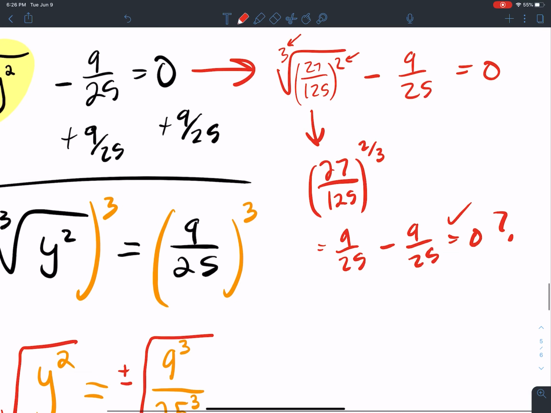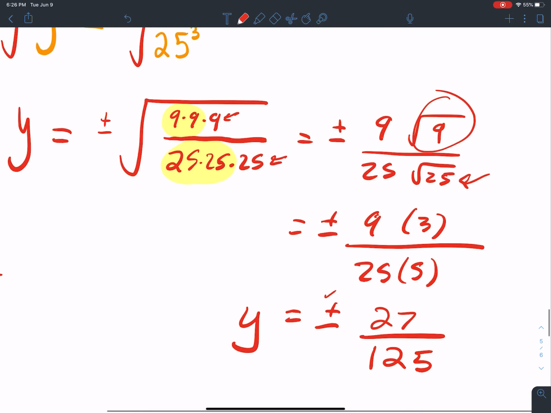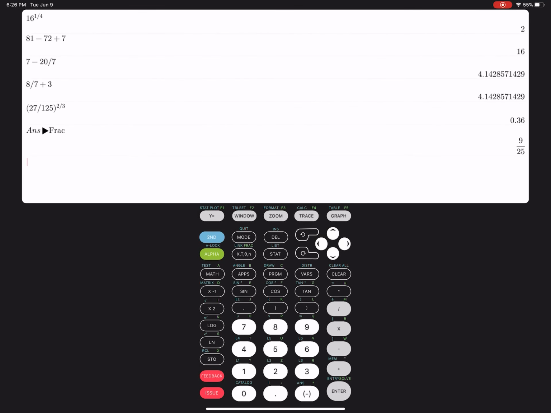Now the question is, does it work for the negative? Because we got the plus, now let's see if the minus one works. If I do negative 27 over 125, raised to the 2 divided by 3, oh, not a real number, oh my goodness gracious. Our calculator is a little too smart for its own good.